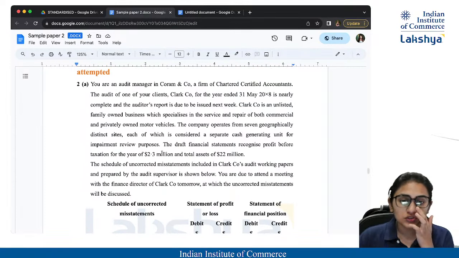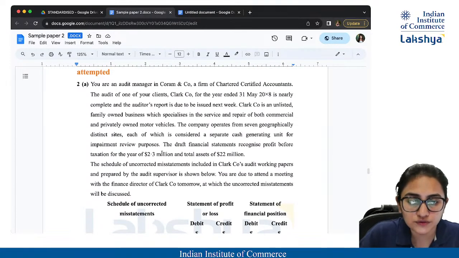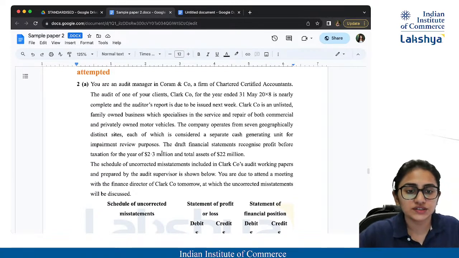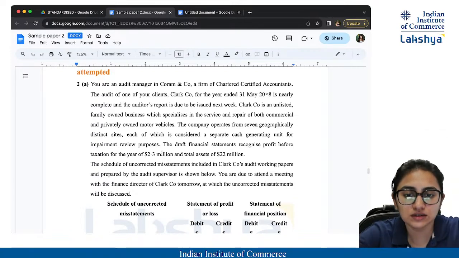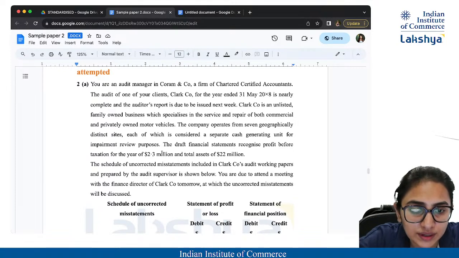You are an audit manager in Quorum and Company, a firm of chartered certified accountants. The audit of your client Clark Company for the year ended 31 May 2018 is nearly complete, and the auditor's report is due to be issued next week.